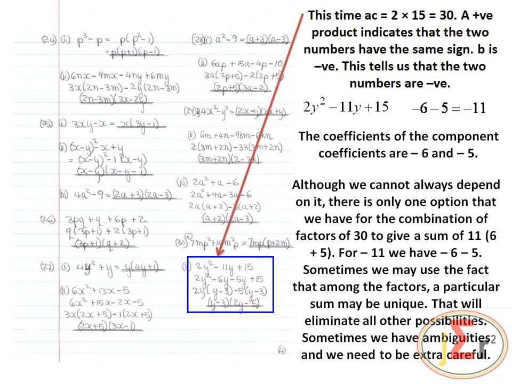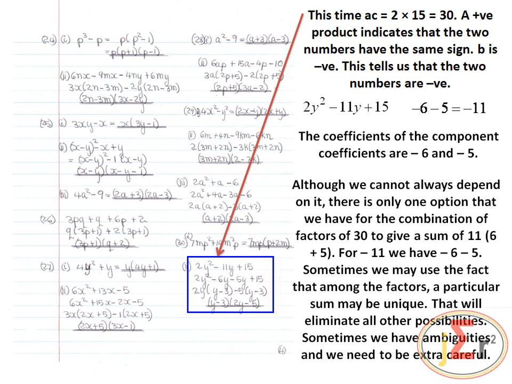As far as the product 30 is concerned, we have ambiguity, because 10 plus 3 is 13, 10 times 3 is 30, and we have 15 minus 2 is equal to 13, 15 times 2 is 30. So we have 10 plus 3 and 15 minus 2 giving the same sum. So we have to be careful in the event that we have ambiguities.